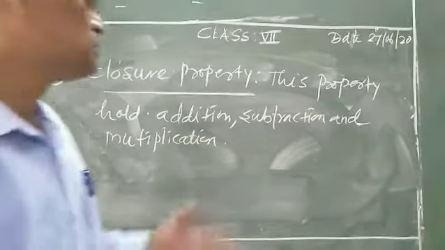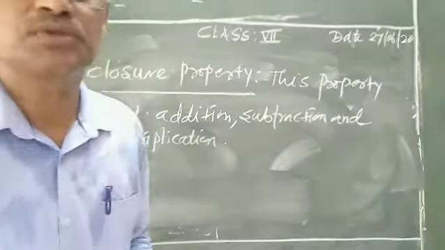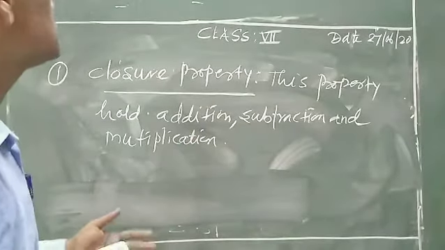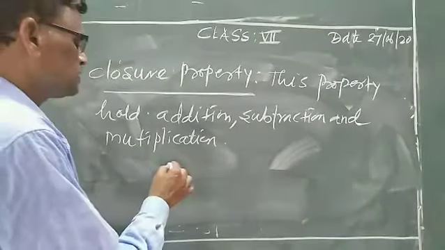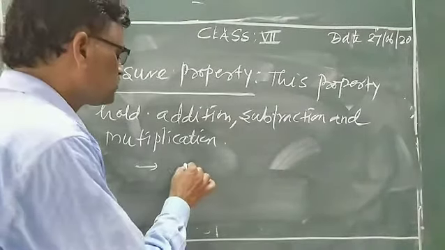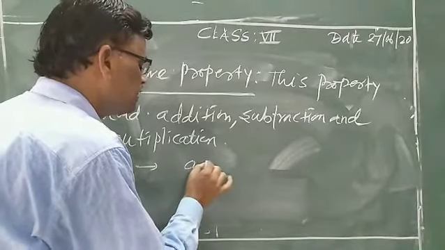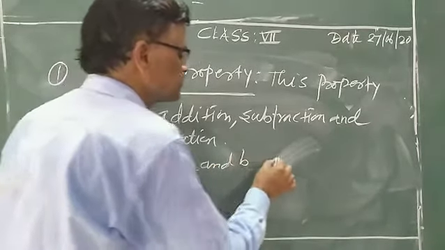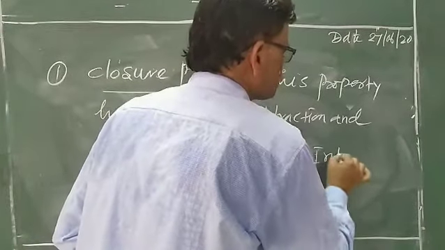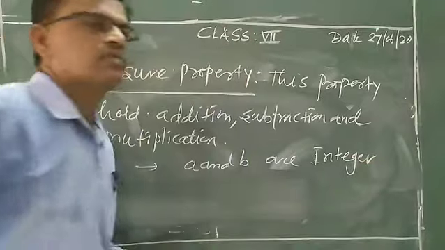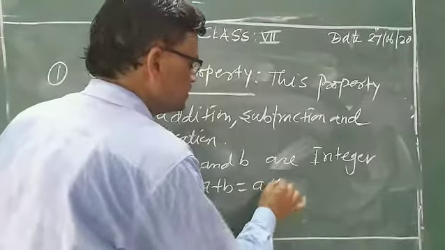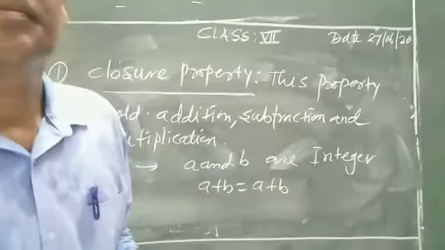Dear students, you see here how it works. If we consider addition, when A and B are integers, when we add these two integers, we get an integer.